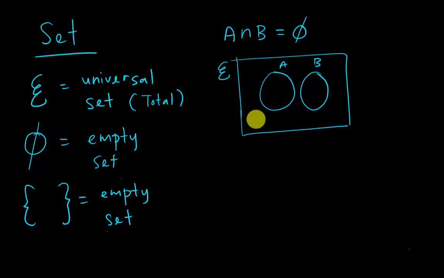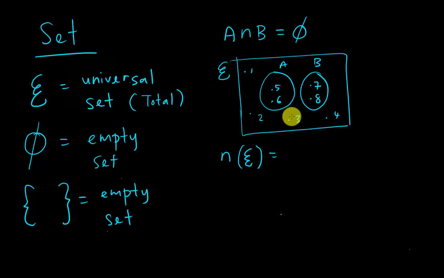If I randomly add some numbers here, I will get something like 1, 2, 3, 4, 5, 6, 7, 8. So if I write n of the universal set, that means in total how many elements do we have inside the set?